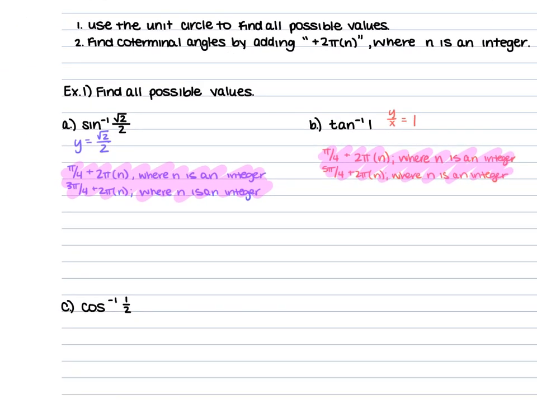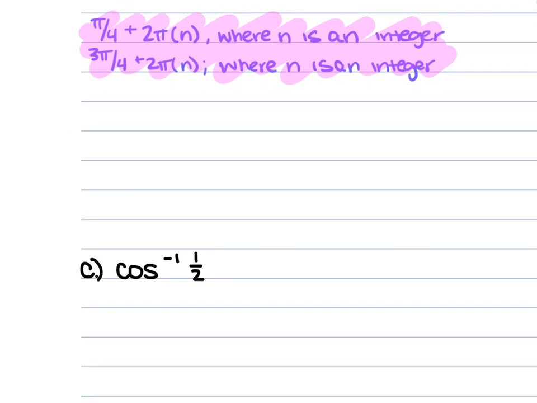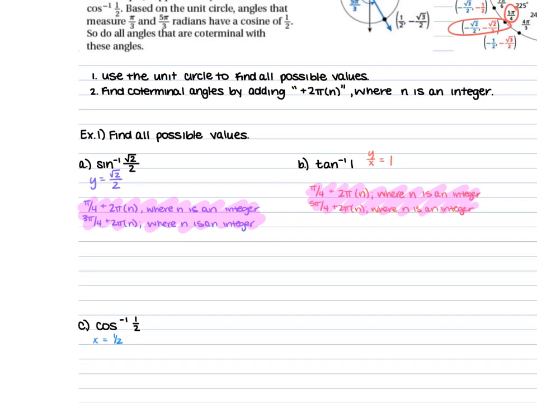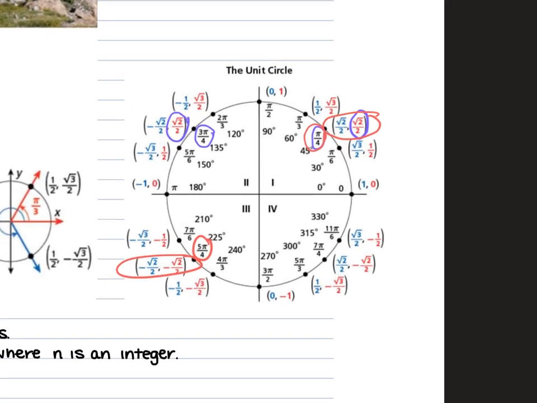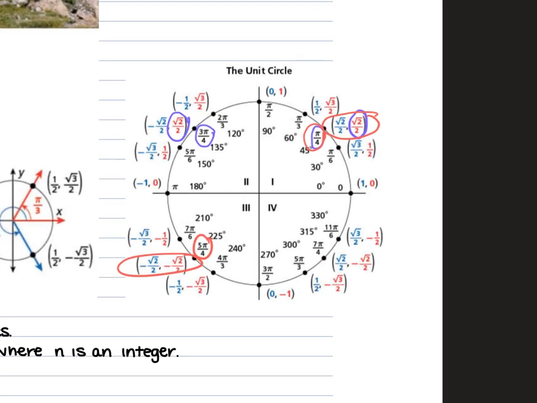For C, we have the inverse of cosine of 1/2. So again, cosine is x, so where is x 1/2? You look at your unit circle and find the x values that are 1/2. We have this one here, as well as this one here. So we're going to use pi over 3 and 5 pi over 3.